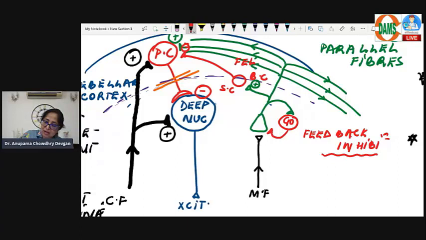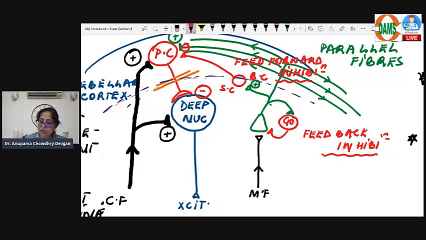These were two examples of feed-forward inhibition, and here is an example of feedback inhibition. Feedback inhibition involves the Golgi cell. The granule cell will excite the Golgi cell. The Golgi cell will cause a partial inhibition of the same granule cell, preventing an excessive excitation of the granule cell.